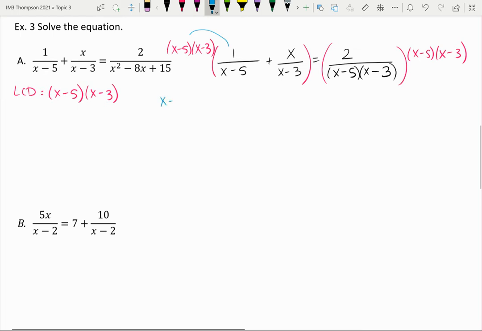So I've got x minus 5 times x minus 3 times 1 over x minus 5. And then I multiply it to the next one. So write this down and then I'll break and make sure that we're okay on everything that happened so far.